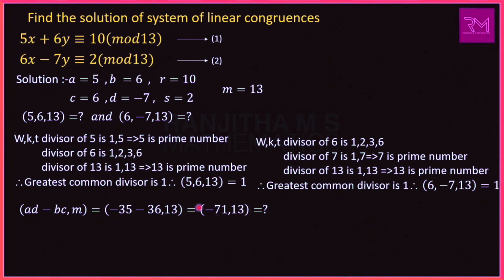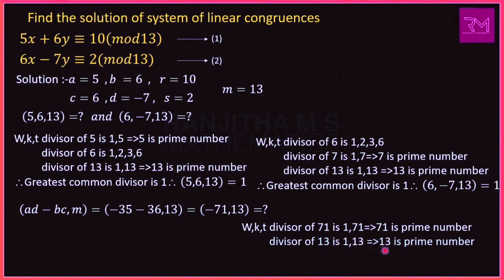We find the GCD of minus 71 and 13. The divisors of 71 are 1 and 71, because 71 is a prime number. The divisors of 13 are 1 and 13. Among these two the greatest common divisor is 1. Therefore the GCD of ad minus bc, m is equal to 1.